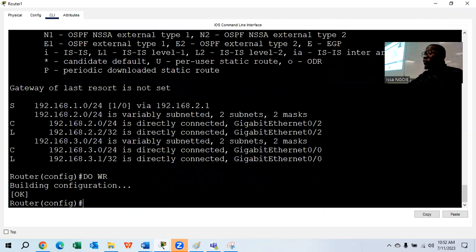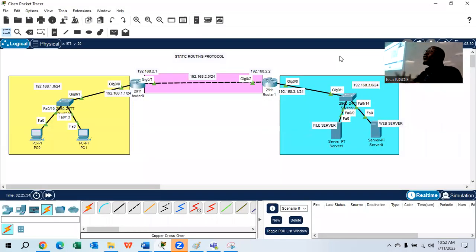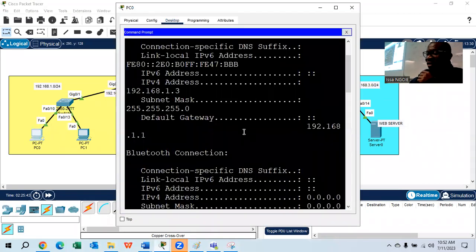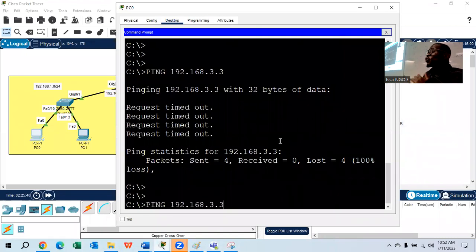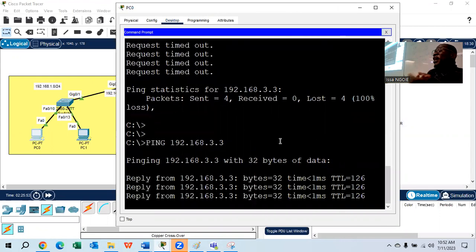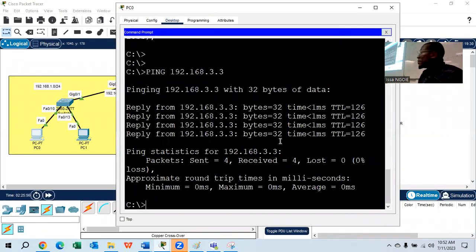Now, this time around, we are going to try to ping again because we did our configuration. We configured the static route already. Now we're gonna try to ping again, to reach the server. What did you see? You can see that the computer can now reach the server, right? Did you understand, guys?